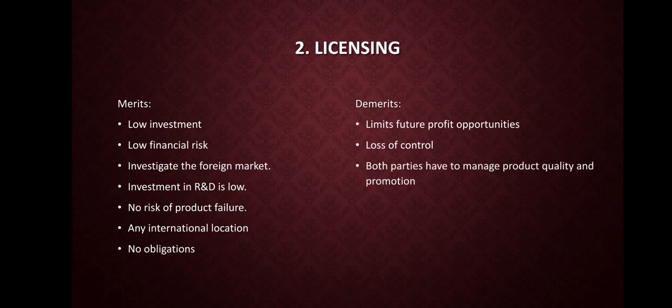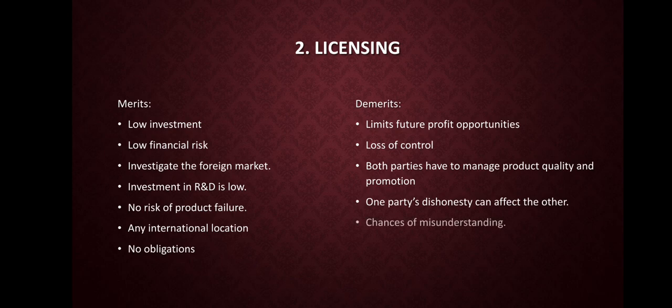Both parties have to manage the product quality and promotion. If one party is dishonest, it can affect the other. Chances of misunderstanding can also be one of the demerits. Chances of trade secret leakage of the licensor.